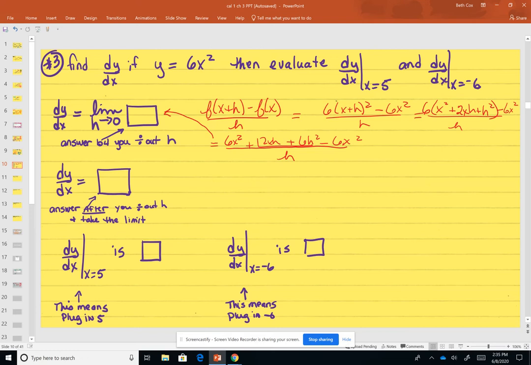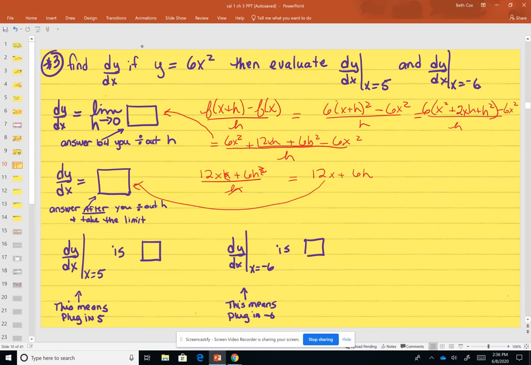The 6x squareds cancel, and you have 12xh plus 6h squared over h. Okay, so now we're going to divide the h out. We get 12x plus 6h, and that goes into that box.